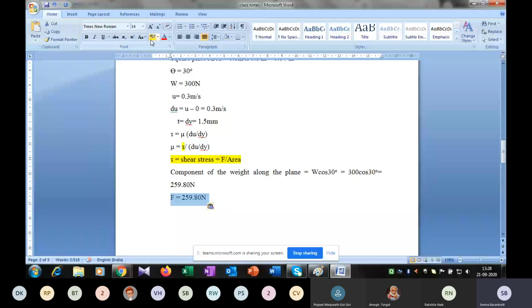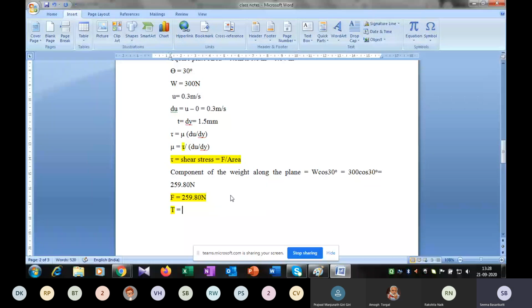Now equate the value of force and the value of area and tell me the value of tau. Tau is equal to how much? 405.93.